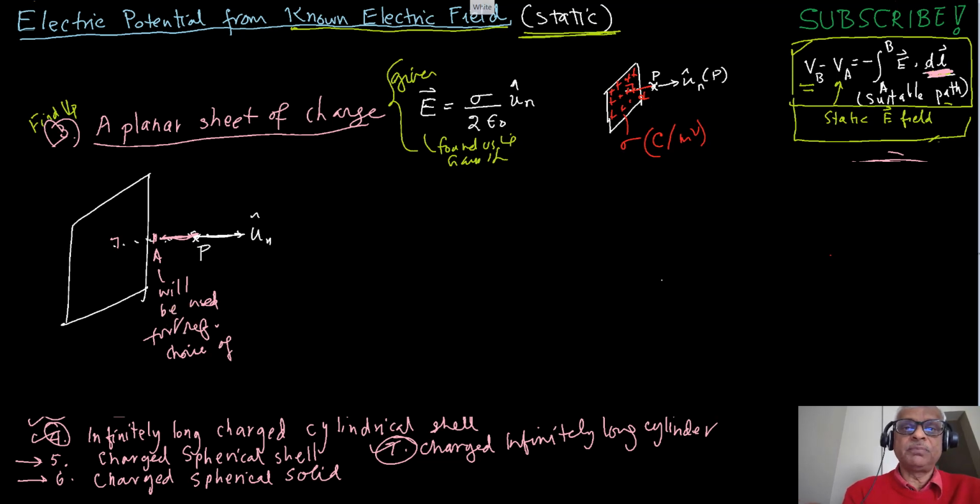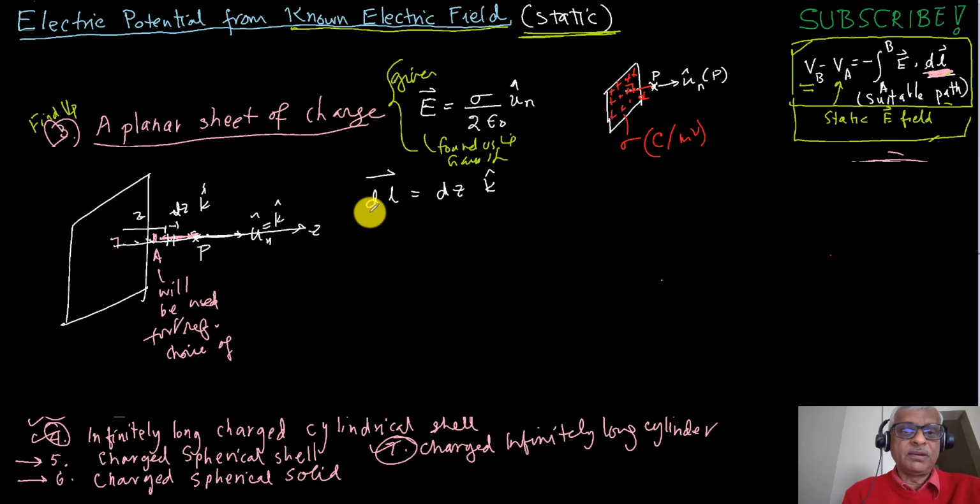Again, it's quite easy to see. We can just call this the z-axis, and then from here to here is z, and this thing is dz k hat. So dl is going to be simply dz k hat. This little tiny displacement vector will be like this, right?